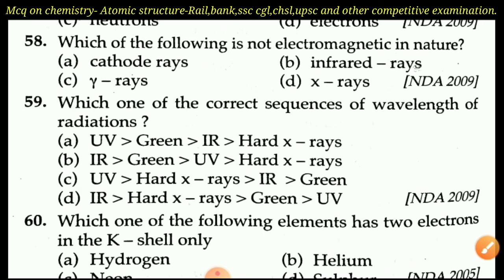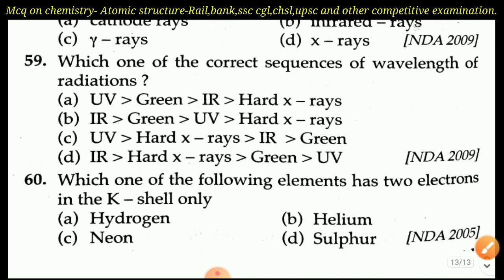Next question is question 59. Which one is the correct sequence of wavelength of radiation? Option A, ultraviolet greater than green greater than IR, infrared greater than hard X-ray. Option B, infrared greater than green greater than ultraviolet greater than hard X-ray. Option C, UV greater than hard X-ray greater than IR greater than green.